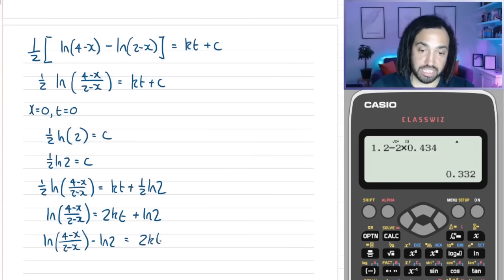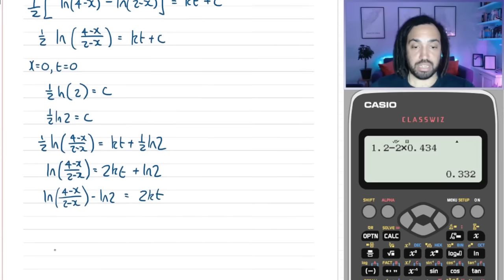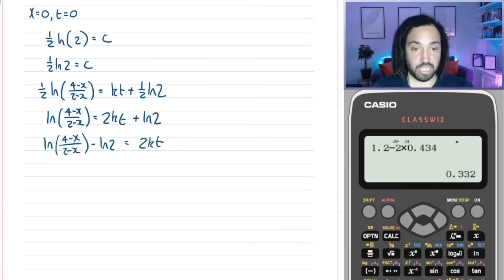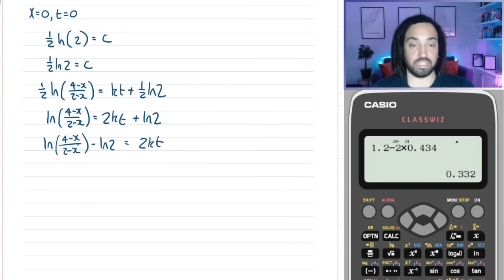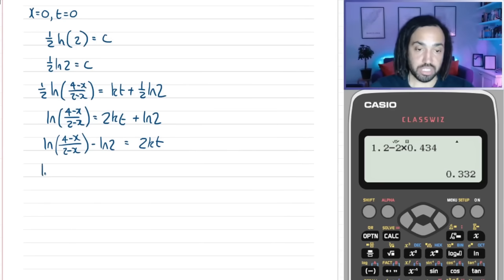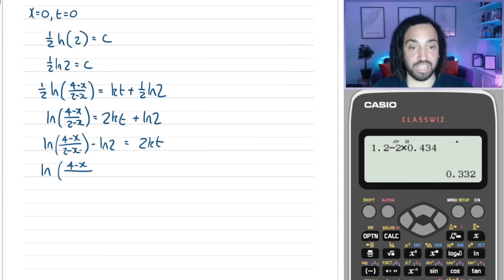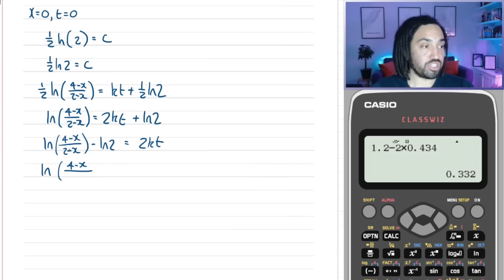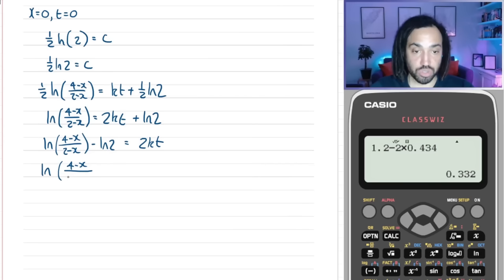is equal to 2kt. And then once again, when we minus lns, we can combine them, and then we just divide. So this is going to give us 4 minus x, and then if we're dividing this by 2, it's just going to make the denominator 2 times as big.